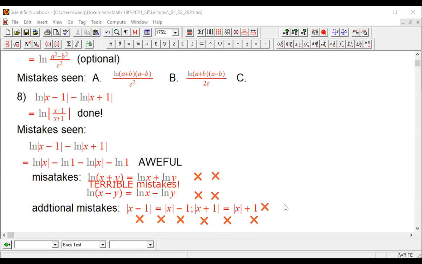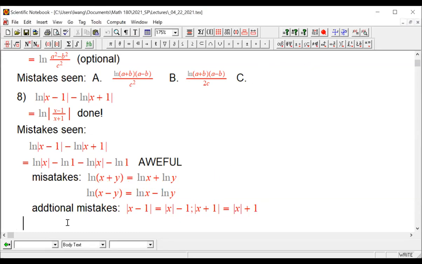Some of these mistakes are just a different version of the mistakes we pointed out earlier on, right? For example, what kind of mistake is this? Well, it's another form.